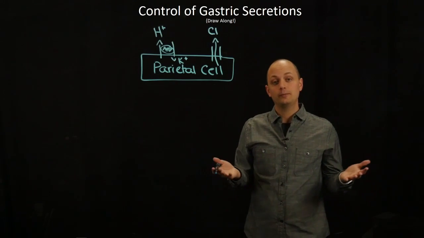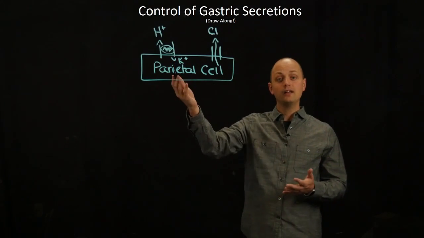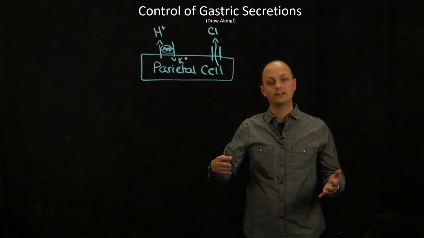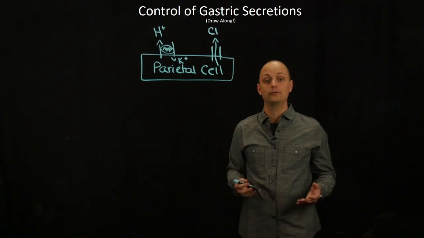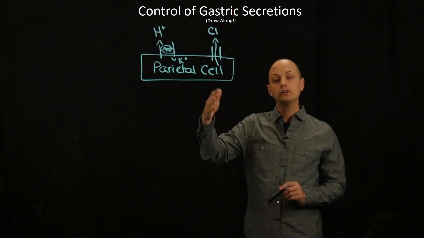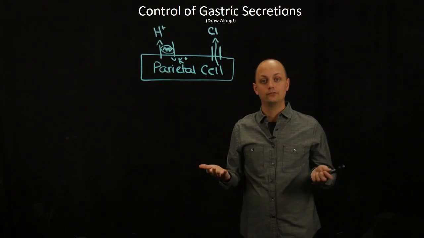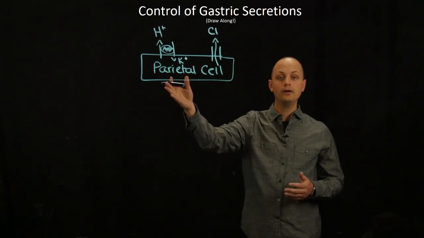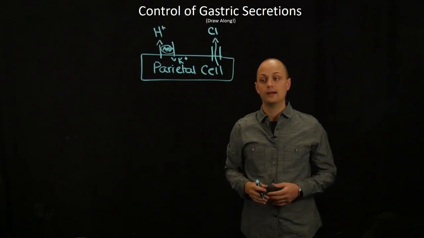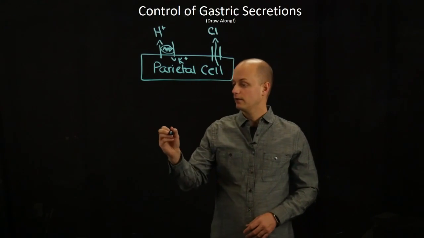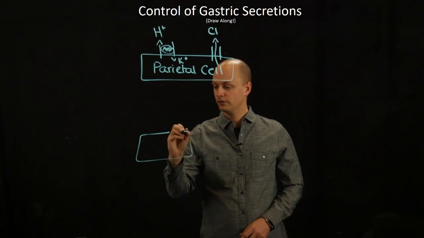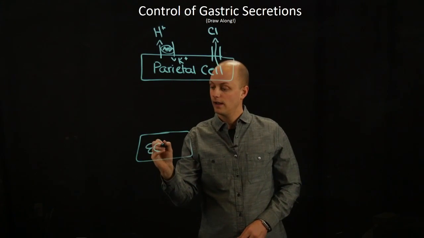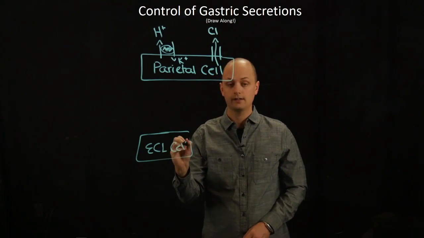This is necessary because the concentration of H+ is already very high because the stomach has a very, very low pH of about 2. So when we want to turn on this process of acid formation, we're primarily trying to regulate this proton pump because that's the rate-limiting step. And we can do that using secretions from our enterochromaffin-like cells.